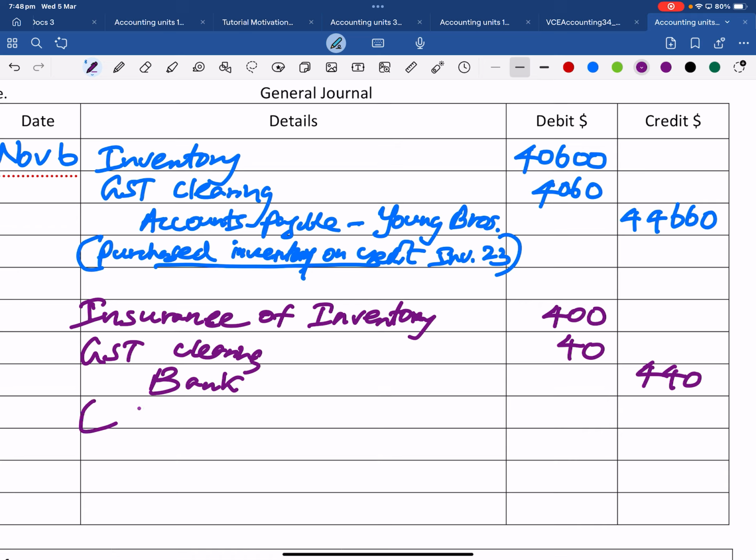Do we have to write the narration? Yeah, what's the narration? Dion, can you tell us the narration? Paying for the insurance of inventory.